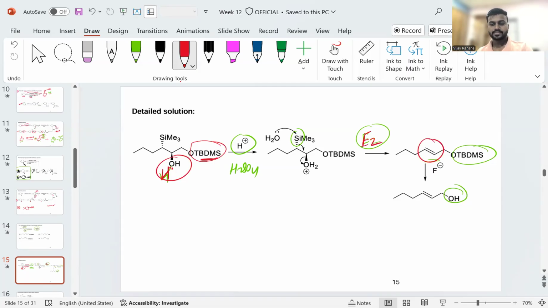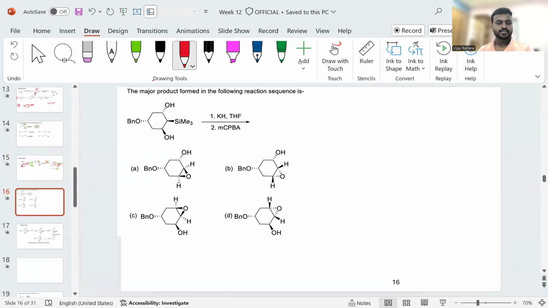So we get the E alkene as a product, and then the last step, the tetrabutyl ammonium fluoride, is used for the deprotection of the OTBDMS protection.